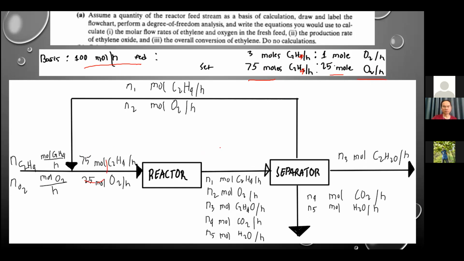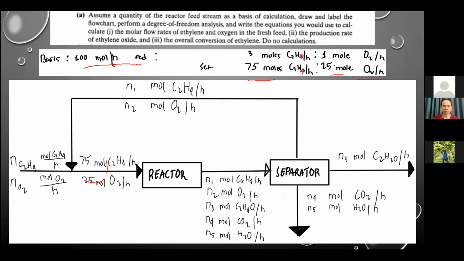And then next we're going to do the flowchart. So it is mentioned what will be the compounds from feed to the reactor, what will be the compounds that will be recycled, what will be the product, and what will be discarded to the separator.